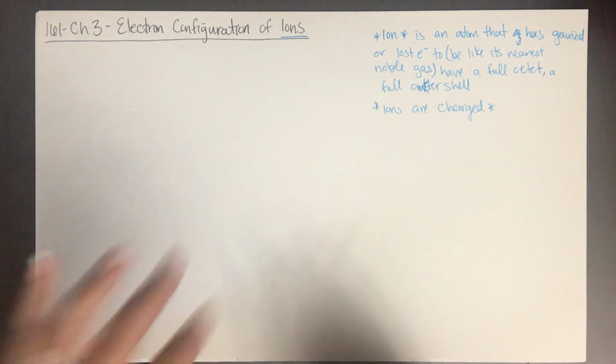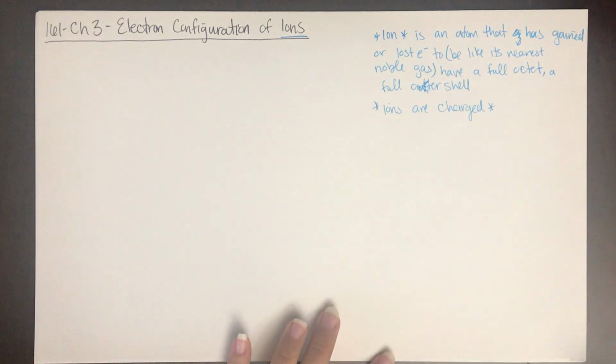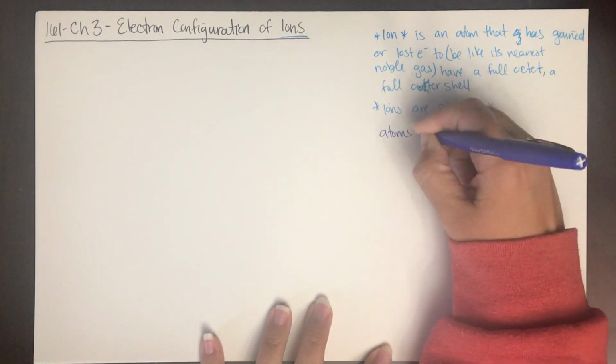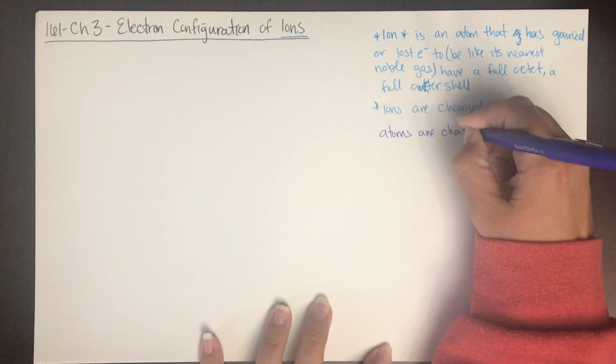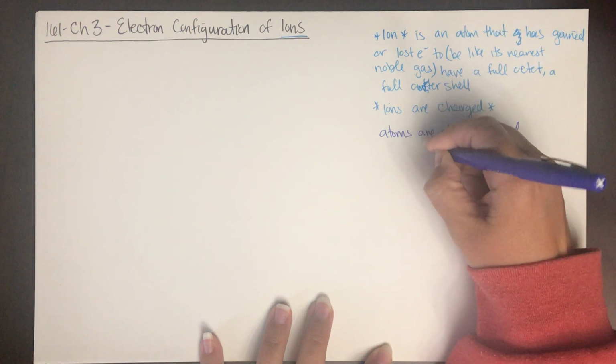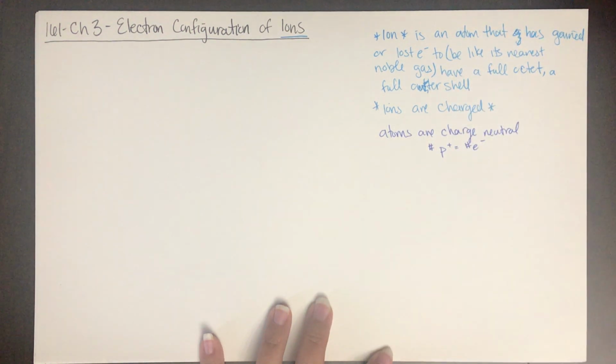Okay, so ions are charged. They are charged because they have gained or lost something that is charged. Atoms are charge neutral, meaning the number of protons equals the number of electrons.